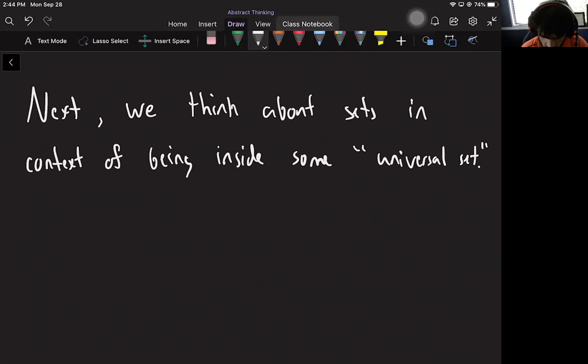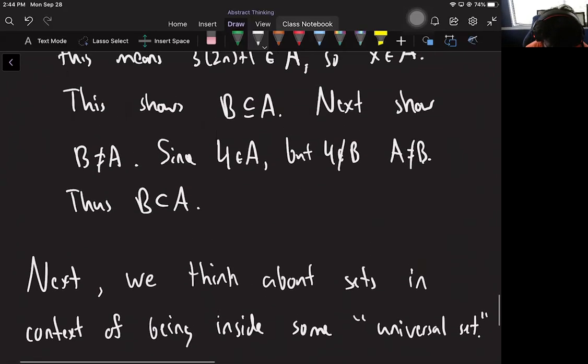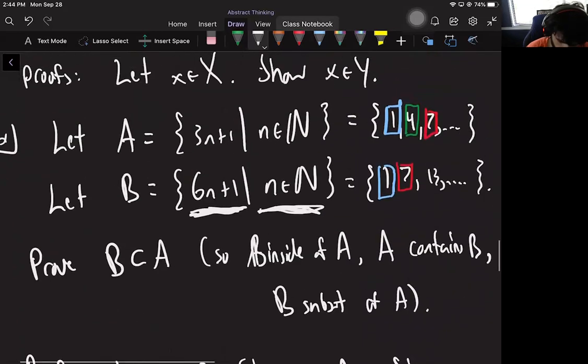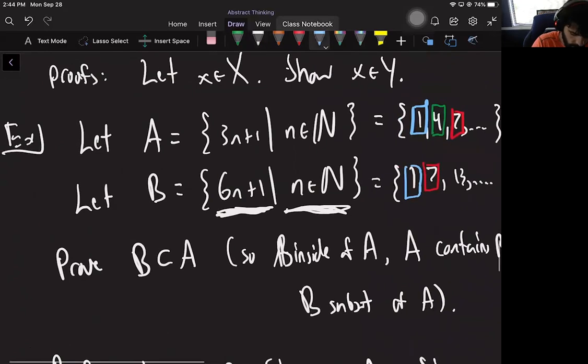That really doesn't do anything for us in the earlier stuff. So for example, some people might rephrase this proof I just did and say something like, at the very beginning, let n be the universal set for the problem.